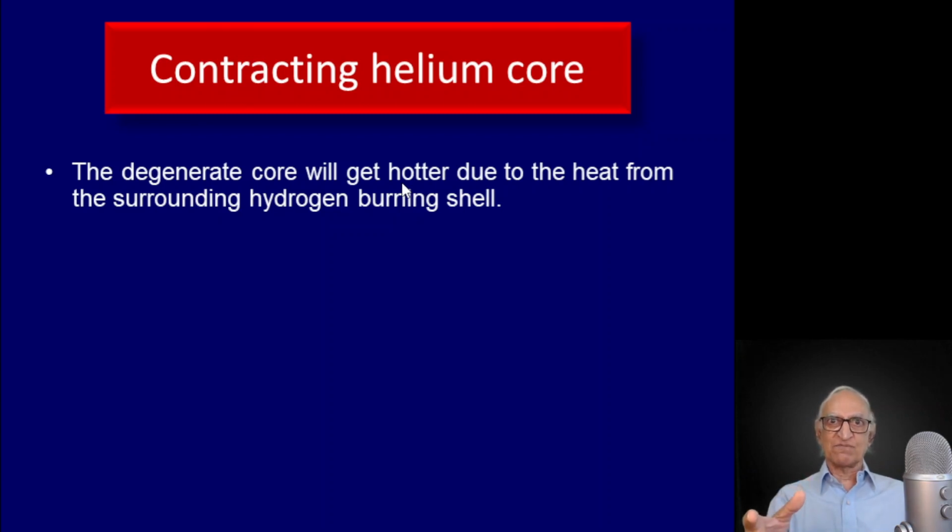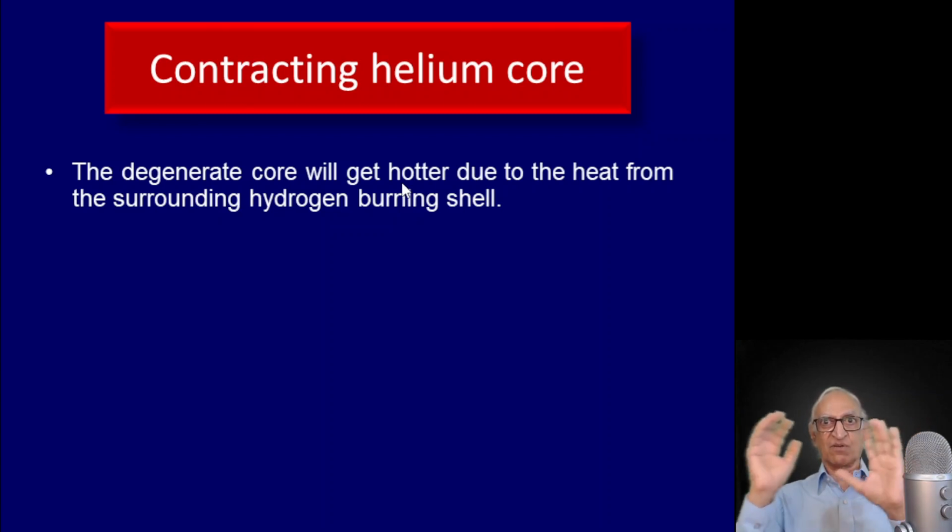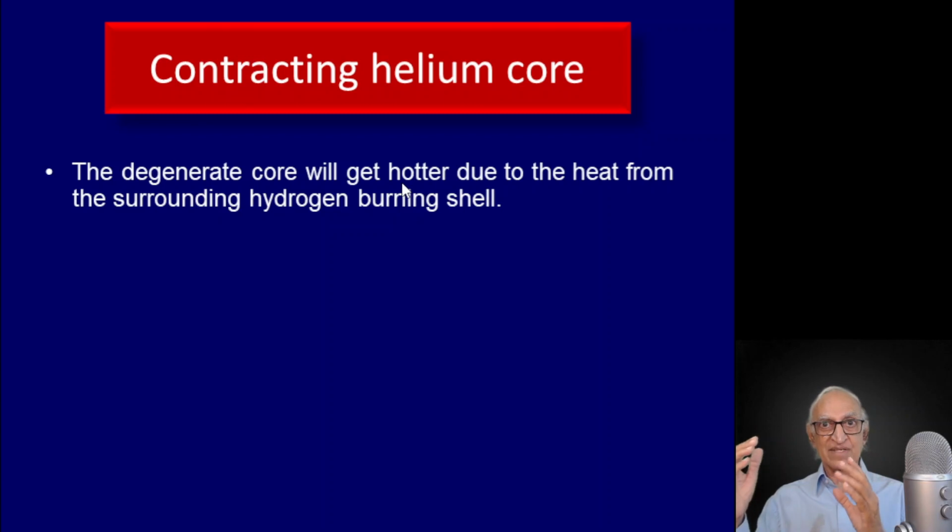You have run out of firewood inside the oven, therefore the pizza will not bake. But please remember that the outer wall of the oven or your tandoor is still extremely hot. Why? Because outside the outer wall, hydrogen is still being converted to helium. So there is a furnace outside which is still burning, hydrogen being converted to helium.